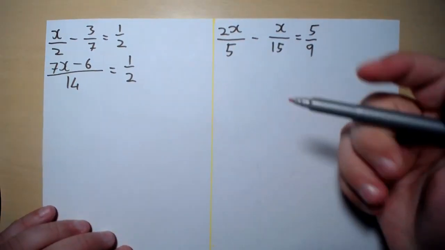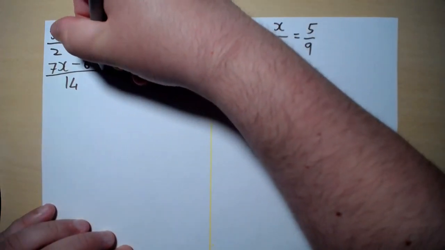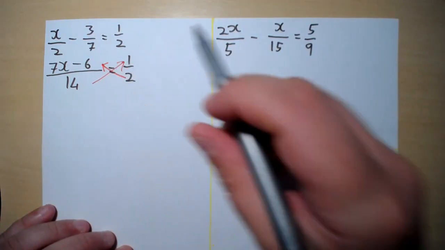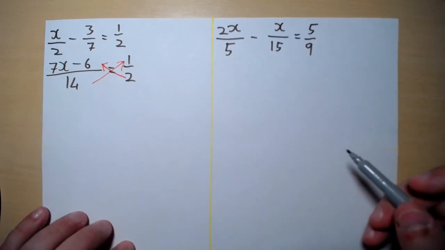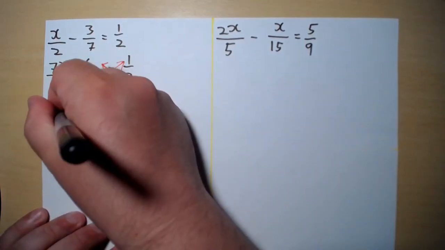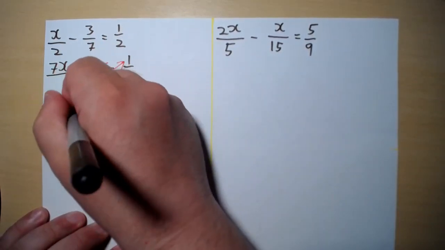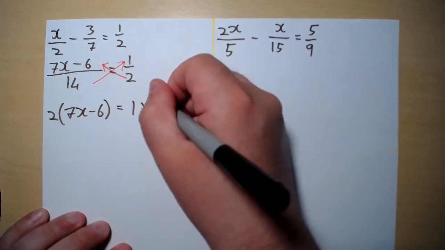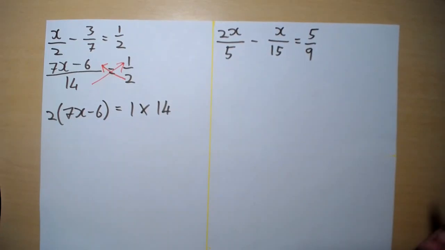Now we do cross multiplication, so I multiply the 2 with that numerator over there, and the 14 with the numerator on the other side. So now we get 2 into 7x minus 6 equals 1 times 14.